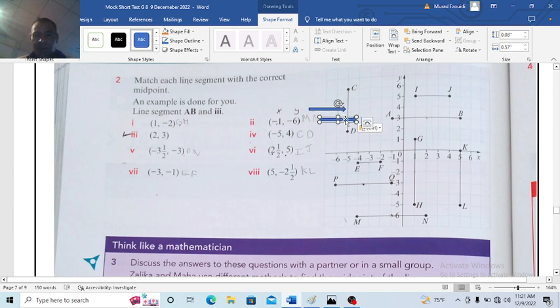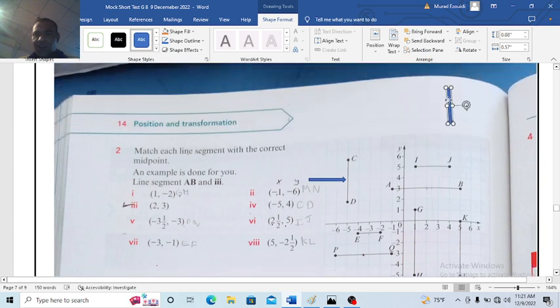We have the midpoint of, for example, this IJ. You see now this line segment has the same y coordinates. Therefore 5 plus 5 is 10, divided by 2 is 5. The y value of the midpoint is 5. I'm looking for the x value of this midpoint.